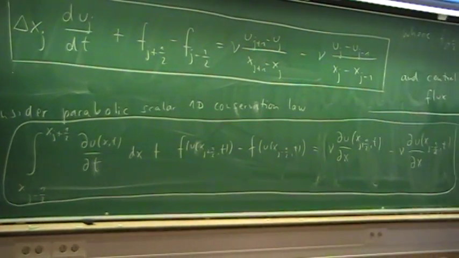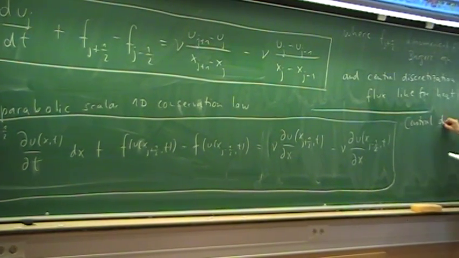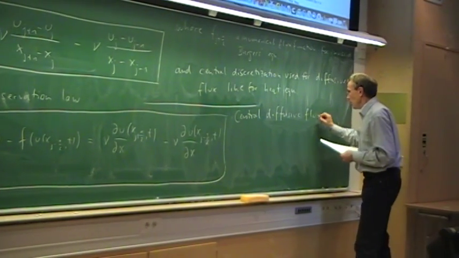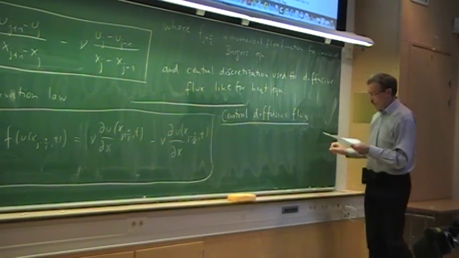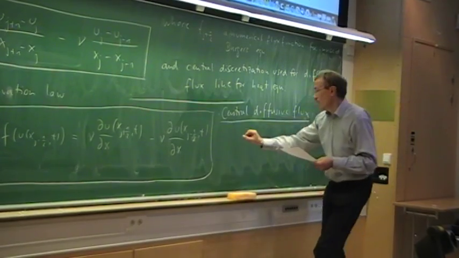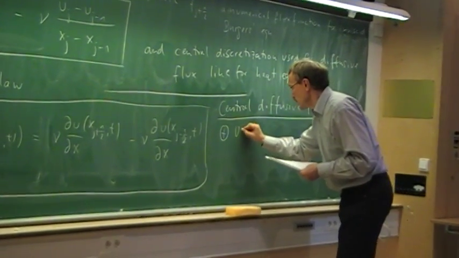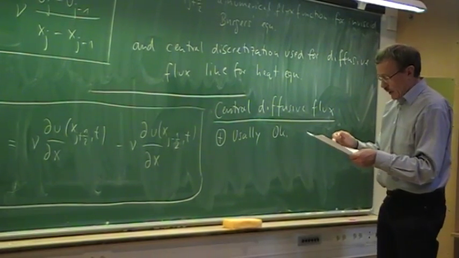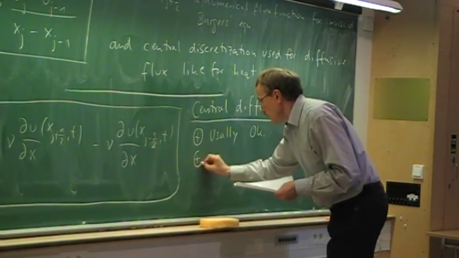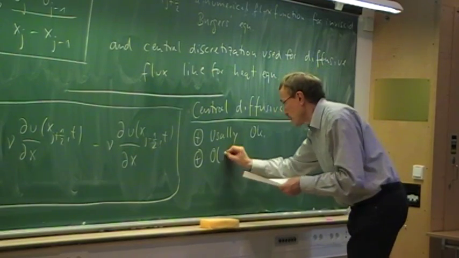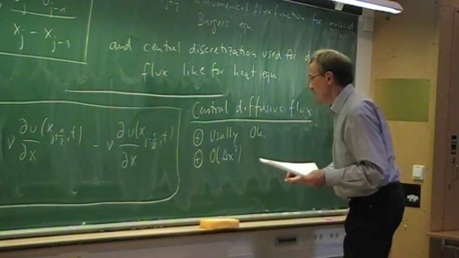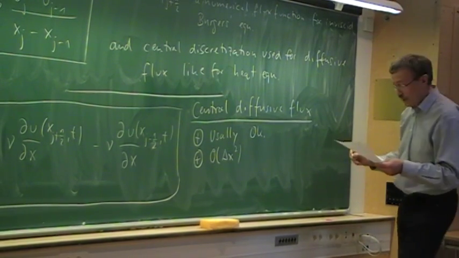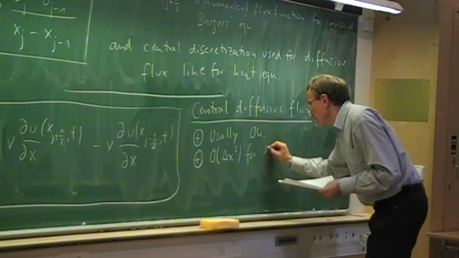So we can say that the central diffusive flux, when we use the central discretization, is in general giving us good results. Usually okay. This discretization itself, the central diffusive flux, is second order for a smooth grid.